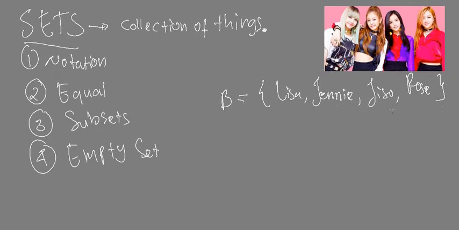We have Lisa, Jennie, Jisoo, and Rose, all of them over here. We call them the members. So the members of Blackpink are Lisa, Jennie, Jisoo, and Rose. That's the basics of sets.